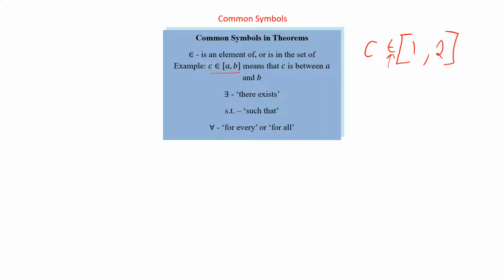This little, well, actually capital backwards E, just simply replaces the words there exists. It can replace a couple words around it. For instance, there exists a number, and then ST means such that. Again, it just replaces those words. And this upside down capital A means for every or for all.